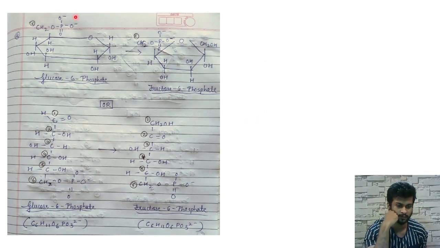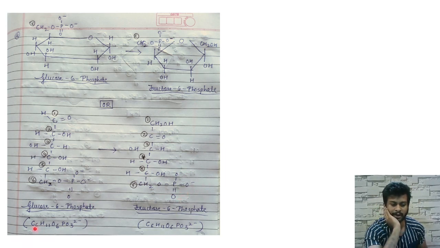So this is glucose 6-phosphate. At the 6th position there is addition of a phosphate group. This is fructose 6-phosphate. At the 6th position there is addition of a phosphate group. This is the linear structure of glucose 6-phosphate. At the 6th position of glucose there is addition of phosphate, converting glucose to glucose 6-phosphate. At the 6th position of fructose there is addition of a phosphate group, converting fructose to fructose 6-phosphate.